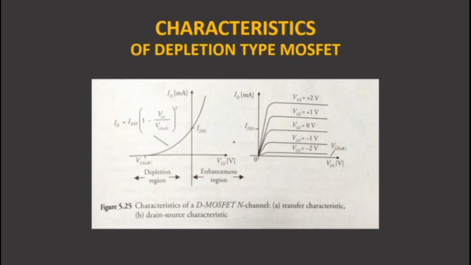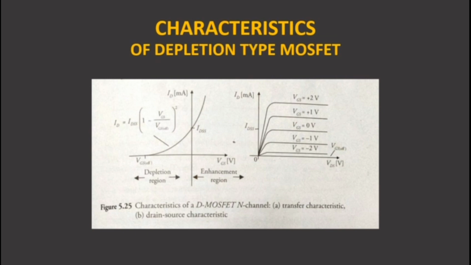Next, we are going to learn about the characteristics of the depletion type of MOSFET. The drain of an N-channel DMOSFET should be biased more positive than the source, so that current ID flows from D to S. The gate terminal is applied with a negative bias voltage to form a depletion region.